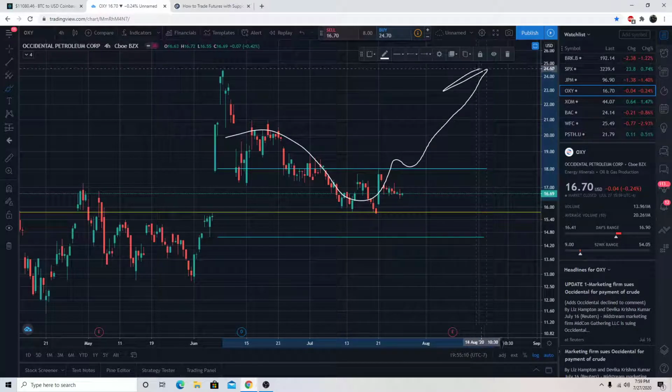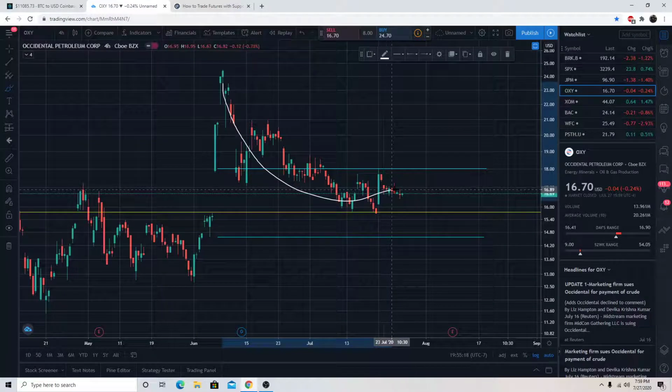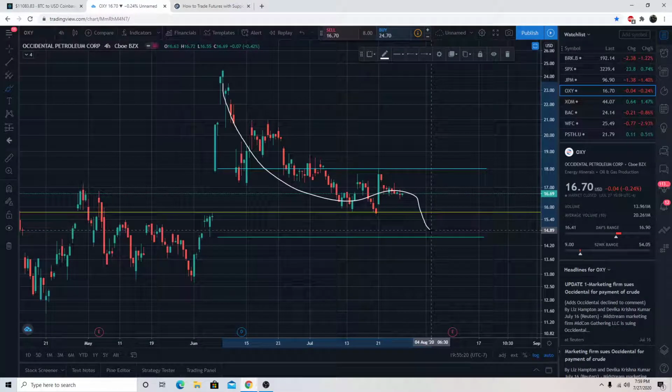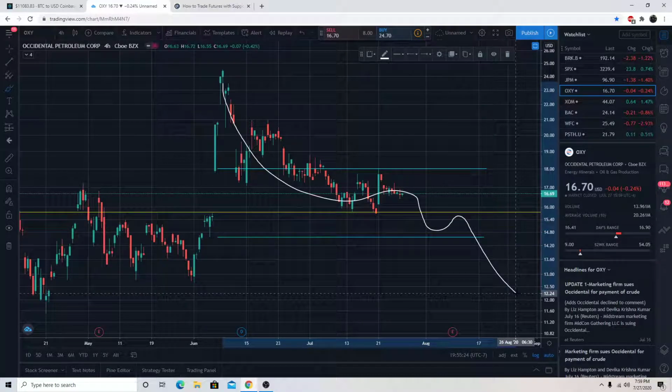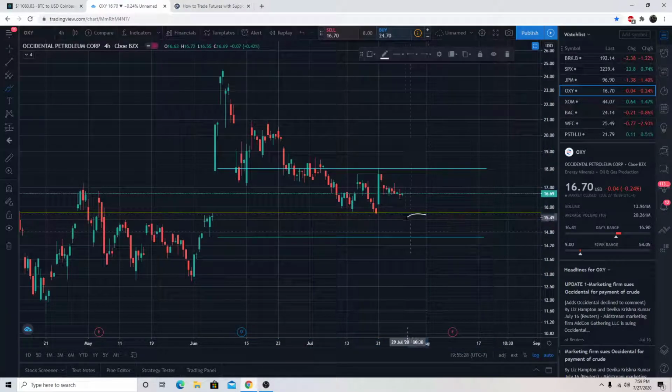That's the way it should look when the market is going to move to the upside. Now, if we were going to start going to the downside, this is what it would look like. We'd break down, bounce off, get rejected, and continue to move to the downside. Again, we want to see that full body candle formation below the line right here. That's when you would consider going in.